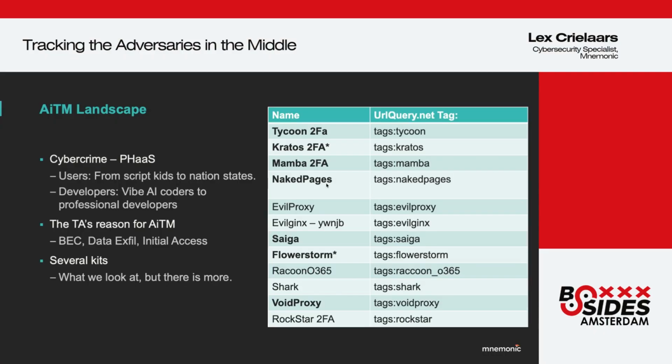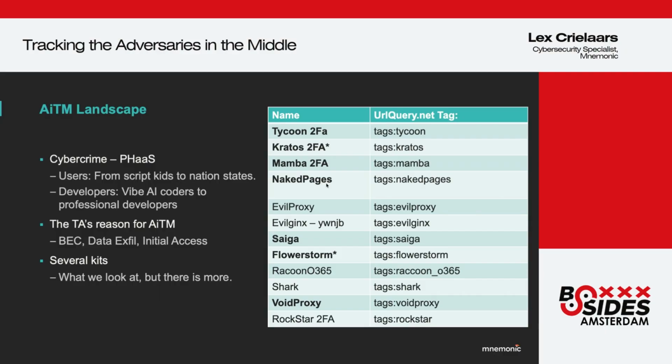Okay, a lot of threat actors want to do phishing, but don't know how to do phishing, or at least not technically. So what they do is they go out and buy phishing kits. And these phishing kits, there's quite a few of them now. These are the ones that we have eyes on.